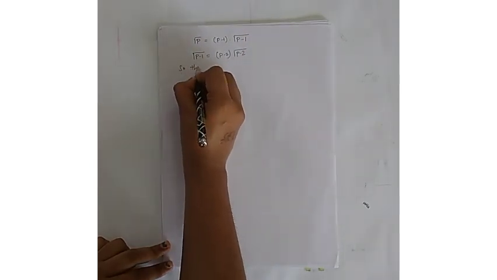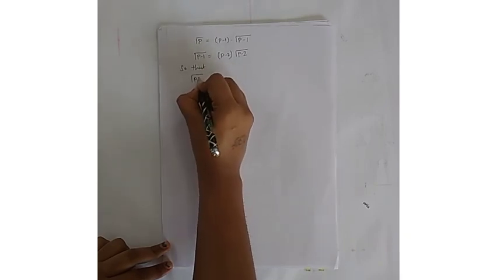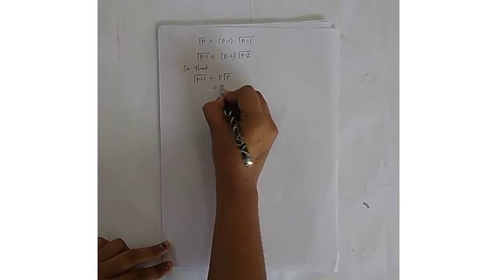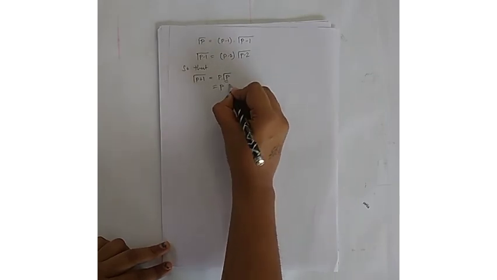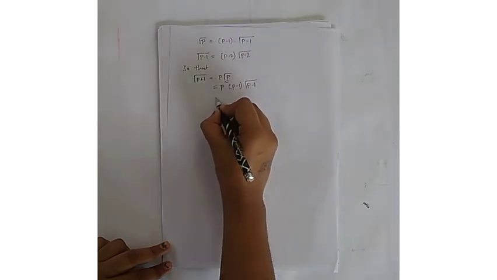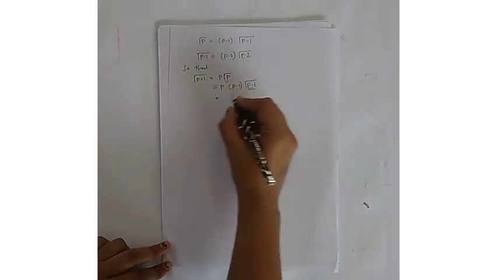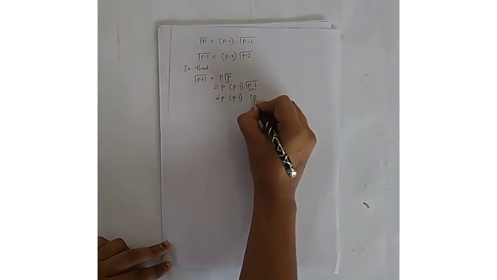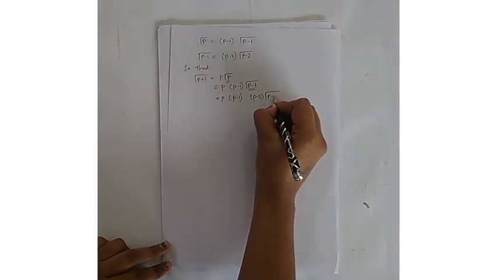So gamma p plus 1 is equal to p gamma p, which is p into the value of gamma p, that is p minus 1 into gamma p minus 1. Again put the value of gamma p minus 1, that is p into p minus 1 into p minus 2 into gamma p minus 2.